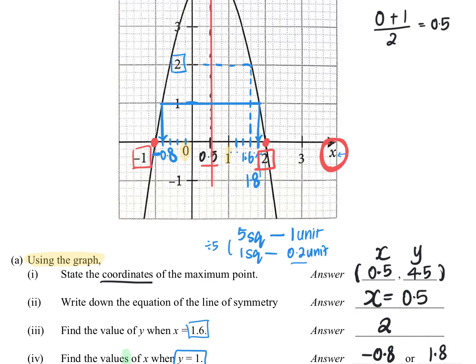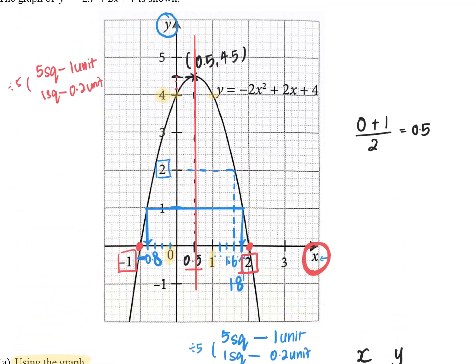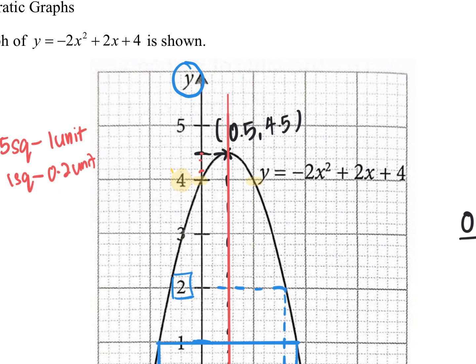So my 2 x-intercepts: the first answer is negative 1, the second answer is just 2. Similarly, if I ask you to write down the y-intercept, y-intercept means where the curve cuts the y-axis, which is this number already. They want the y-intercept only, so they only want the y value, so the number will be just 4.